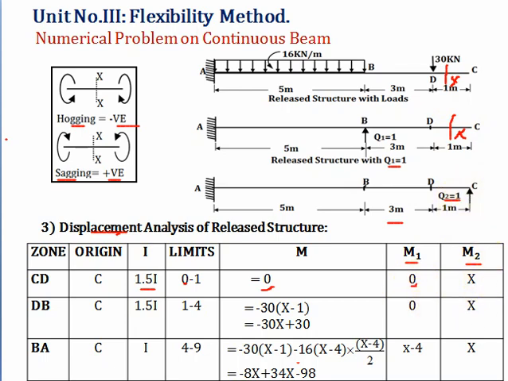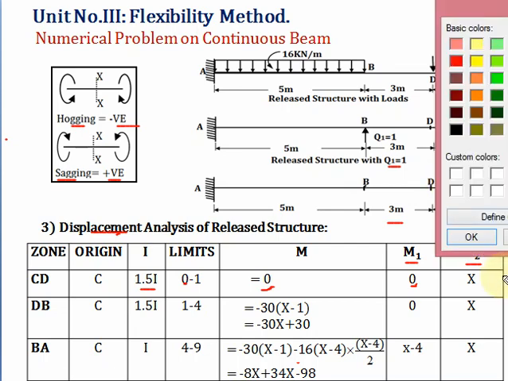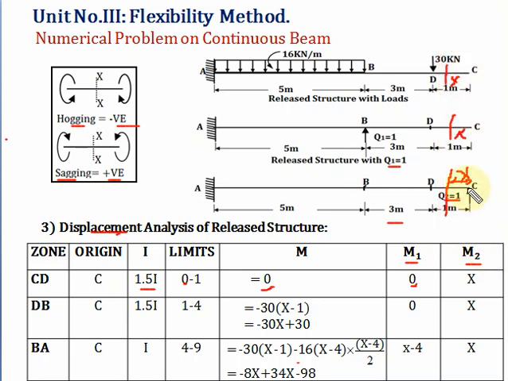Now we are taking the section here, measuring X from point C, so this is the distance X. Now this Q2 will act like this, on the right hand side of the section.